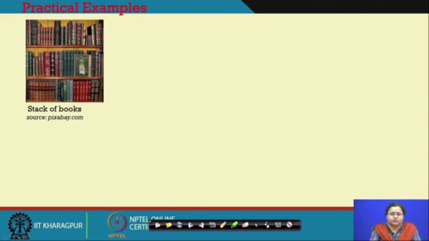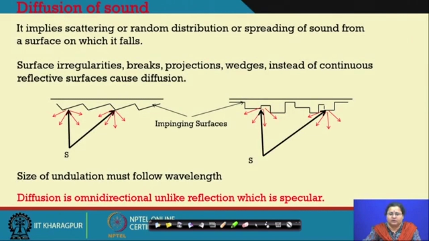Within a classroom, there can be a stack of books where you have actually got such a kind of surface. One book may be coming out, one may be inside, one may be at a different dimension, different thickness. So, actually you can get a profile like this.